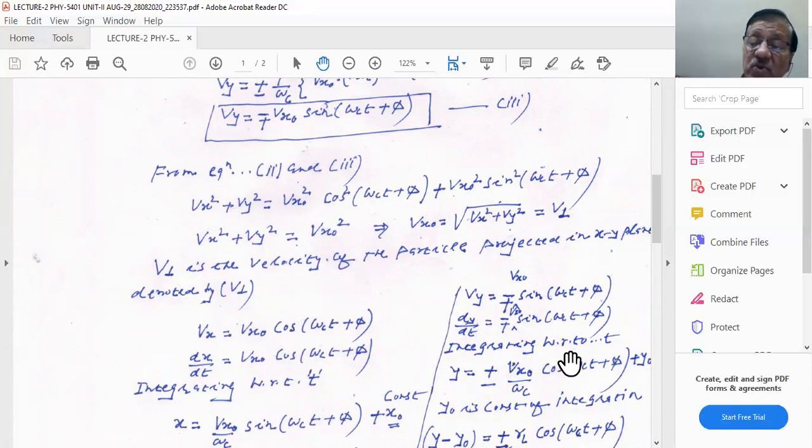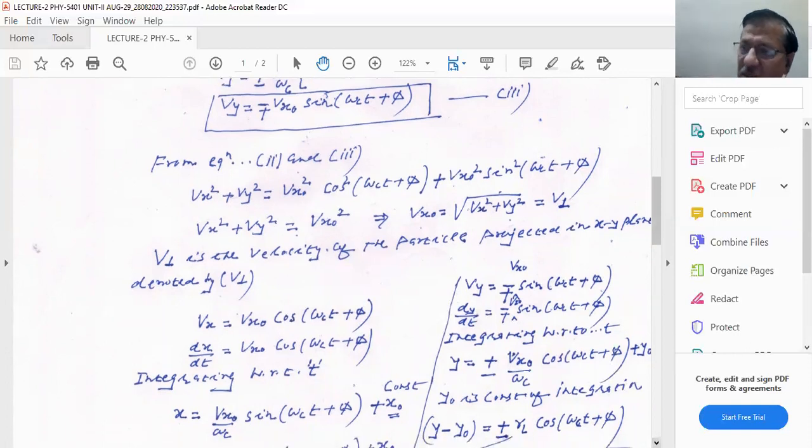Now once you know Vx, I can find the x coordinate of the particle which is moving in the uniform magnetic field. And once I have Vy, I can find the y coordinate.